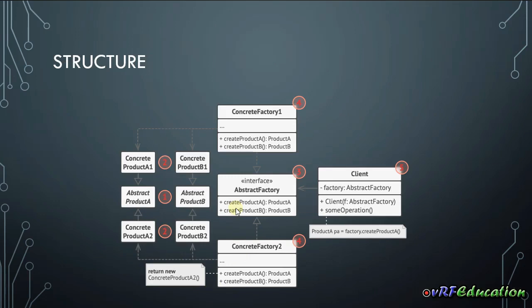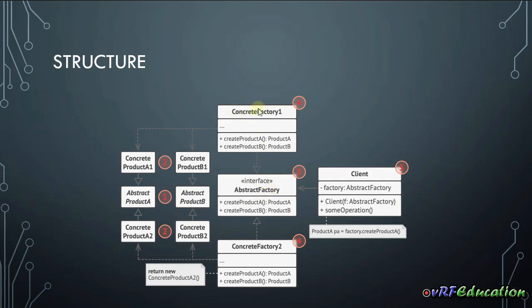And here is the UML diagram for this design pattern. In the first step, we have an abstract product class for our concrete products, and then concrete products inherit from this abstract class. In addition to this, as in the factory method, we have an abstract factory class.